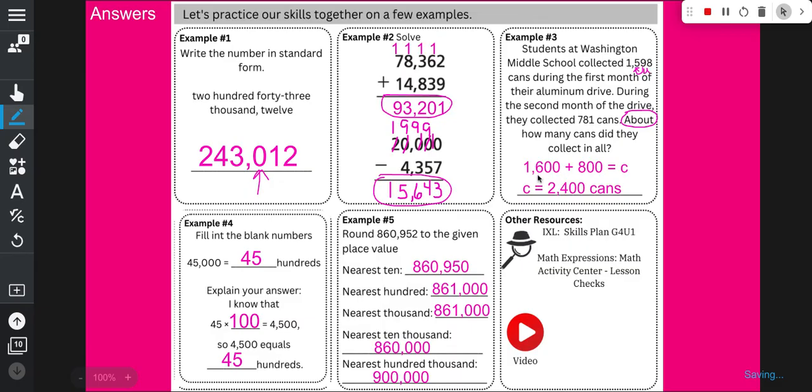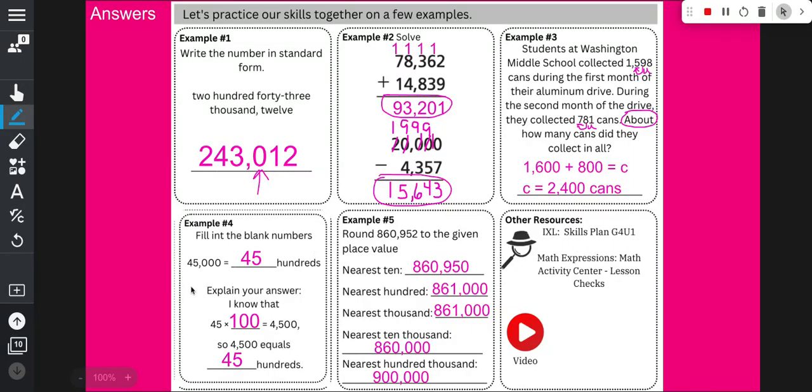So that's going to be 1,600. And the 8 tells the 7 to go up. So that's 800. Whenever you're doing an "about," you should always show what equation you used to come up with your answer, since those are not the actual numbers. So 1,600 plus 800 equals C. And C equals 2,400 cans.